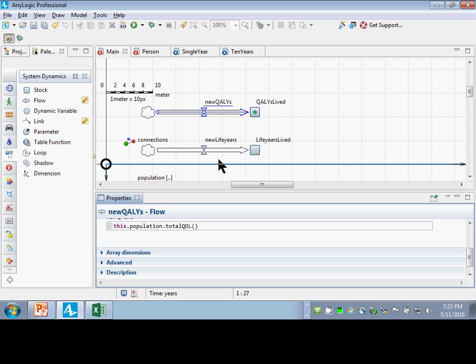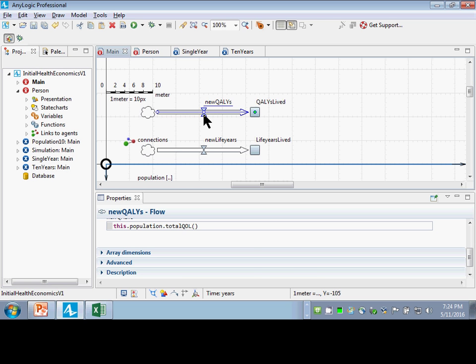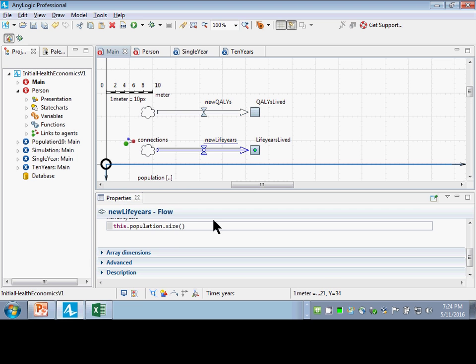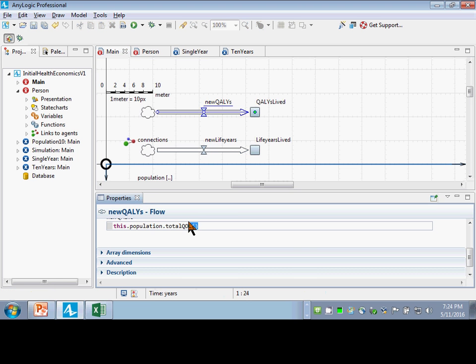So it's going to be 1,500 quality of life totaled up, and we're going to be summing them up across the span of the model. So this new QOLs is going to reflect that not everyone is living a fully high quality life. Some are living at half the level of quality of life that others are, and as a result, the number of new QOLs lived in the course of a given year may be smaller than the number of life years lived.